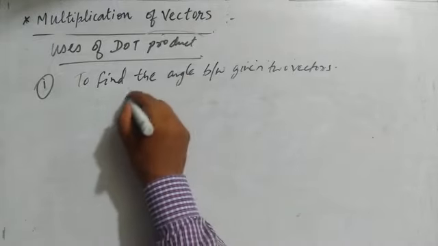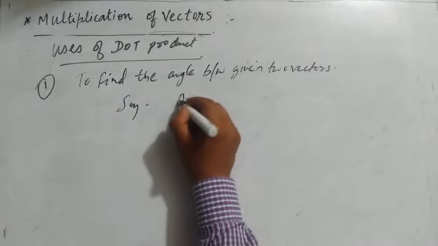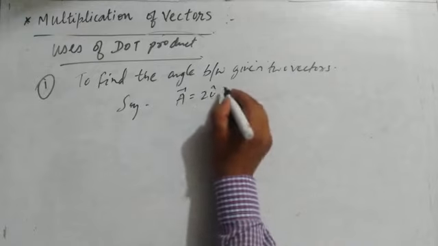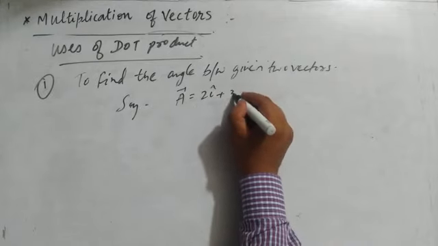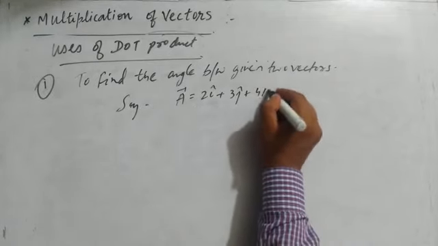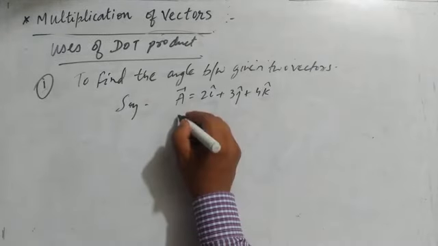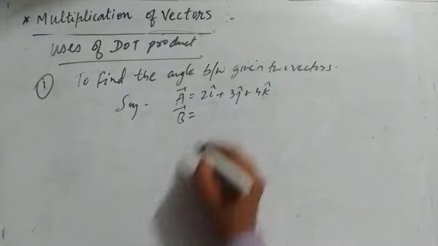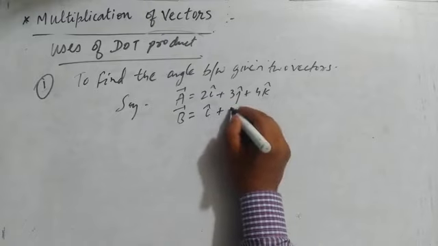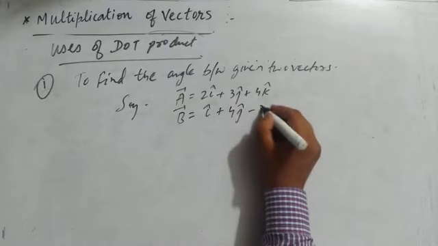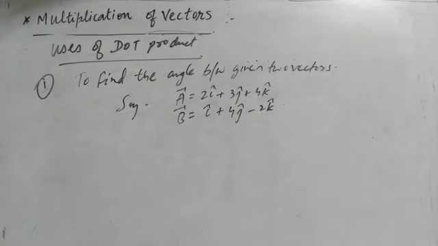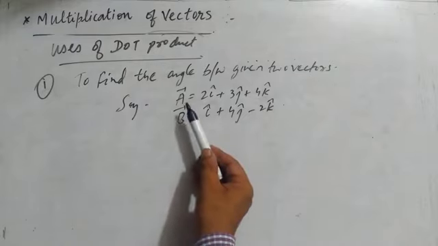Say A vector equal to 2i cap plus 3j cap plus 4k cap. We have taken an example: B vector equal to i cap plus 4j cap minus 2k cap, and we have to find out the angle between these two vectors.